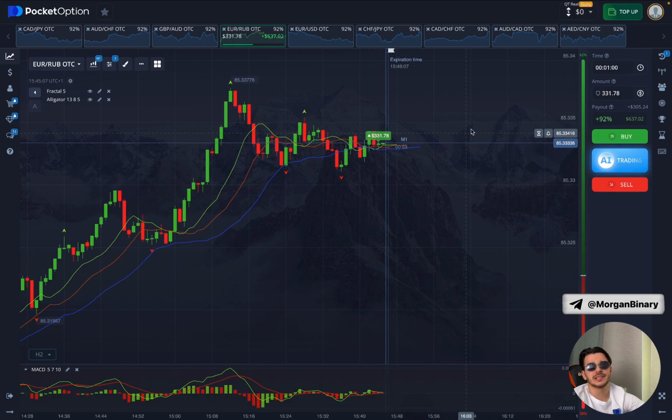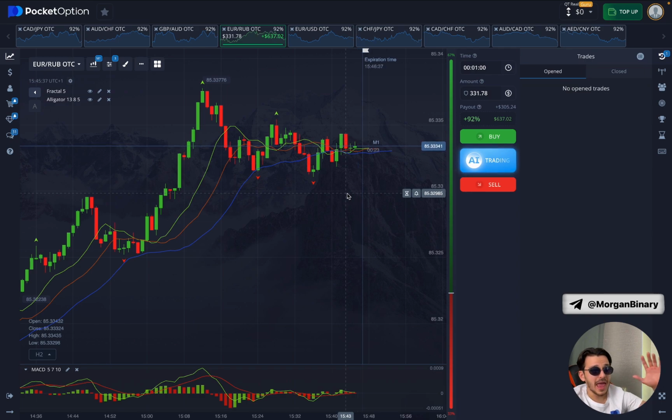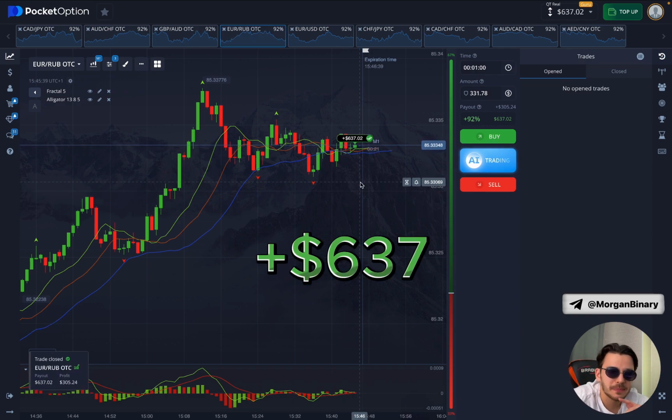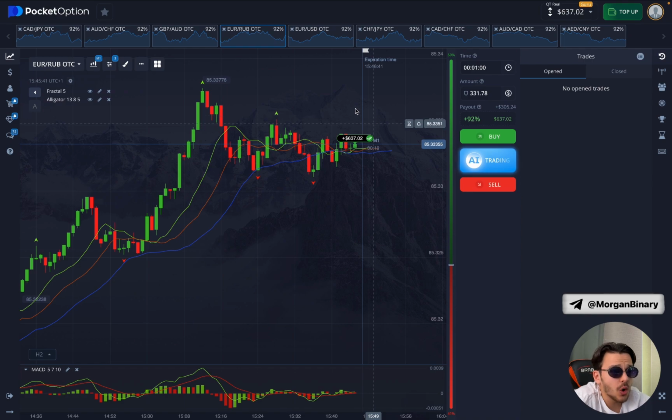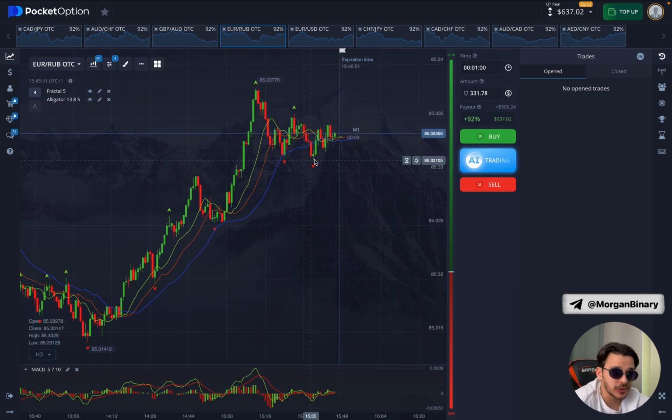So let's see the result. And also the position is closed in plus perfectly. Of course, volatility on this currency pair is a little bit less. But anyway, we still had an upward movement and the position closed in plus.